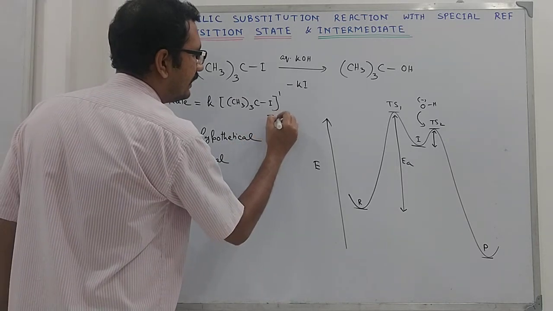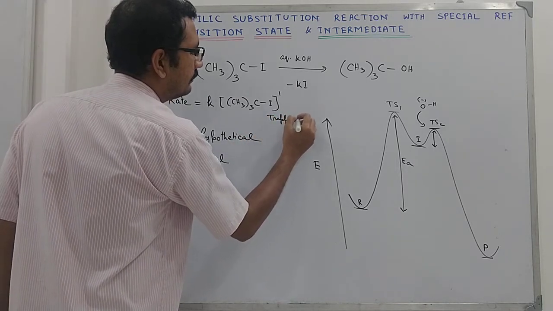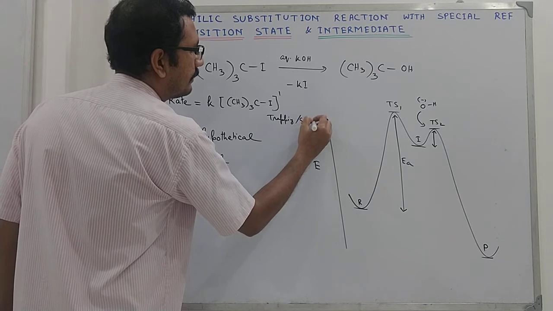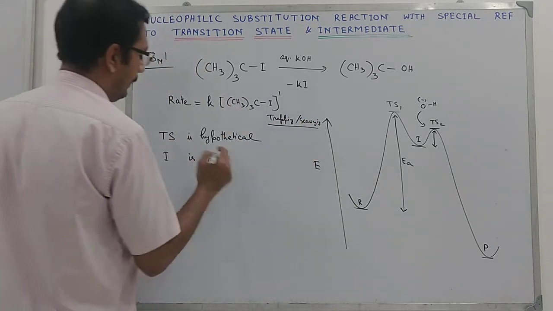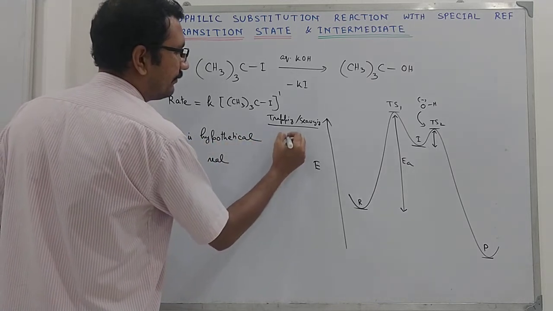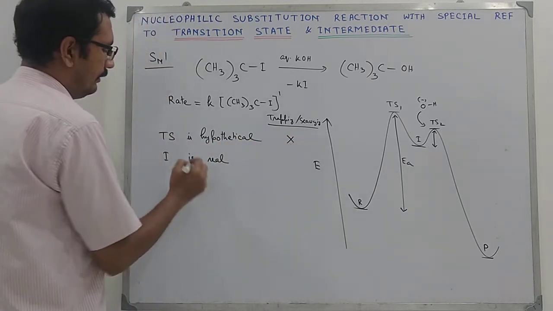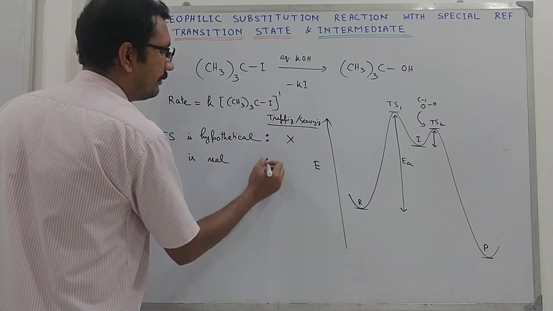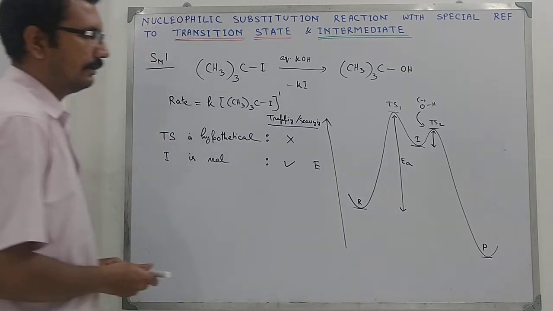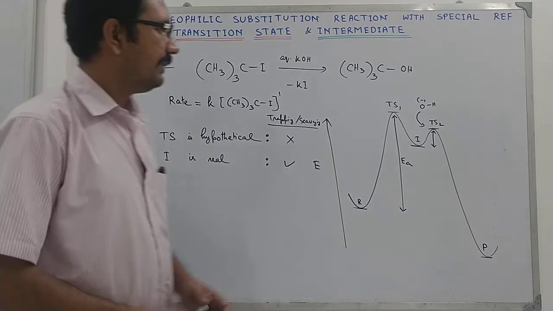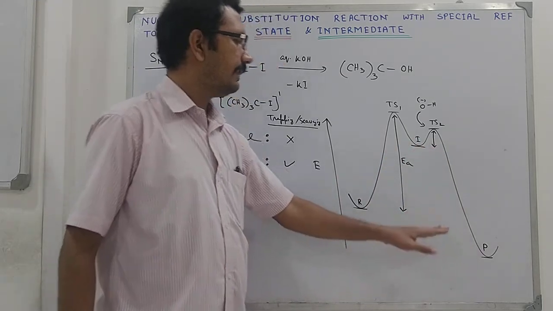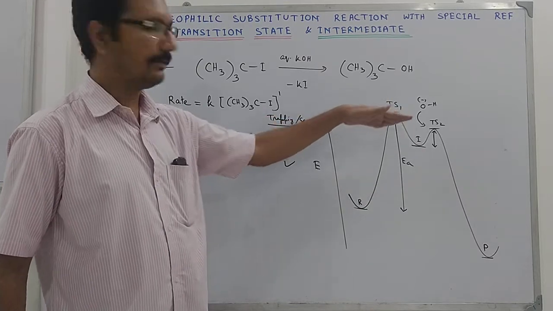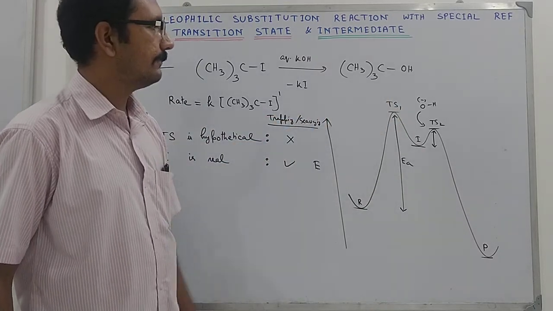And regarding trapping or scavenging, it means you can capture it and put it in a bottle. Transition state, you cannot scavenge it. And this one, intermediate, you can scavenge it. So intermediate is also a real species like reactant and product. The difference is that it has a higher energy, so it is unstable. You see the energy axis.